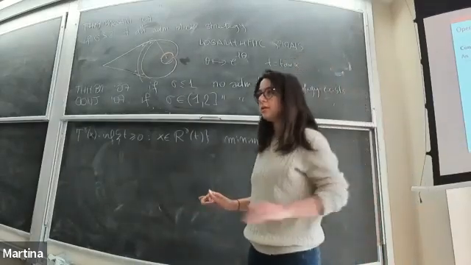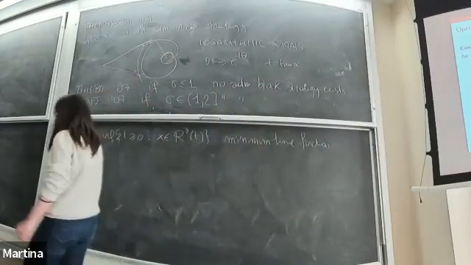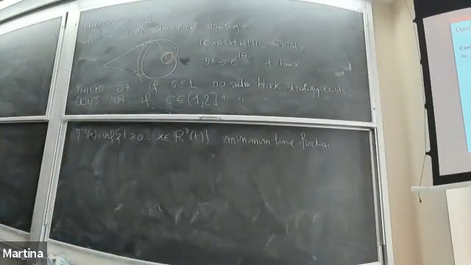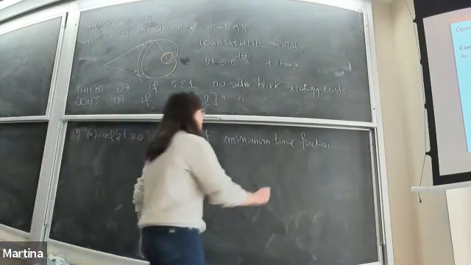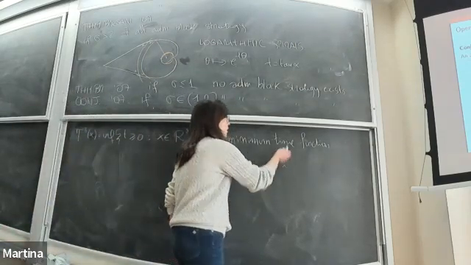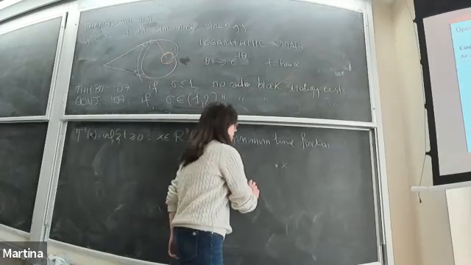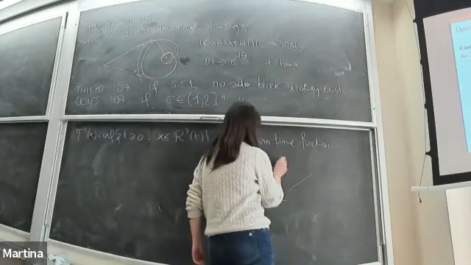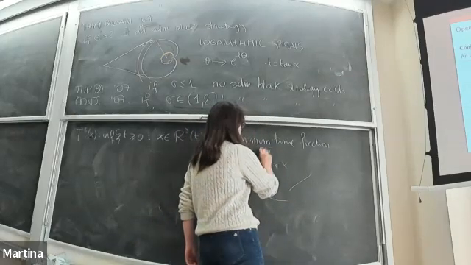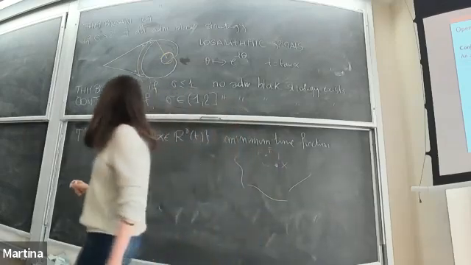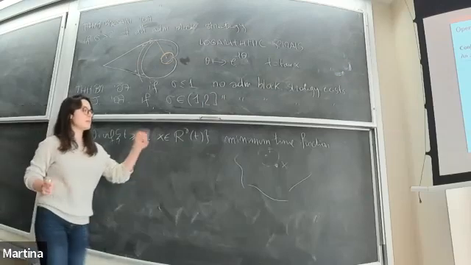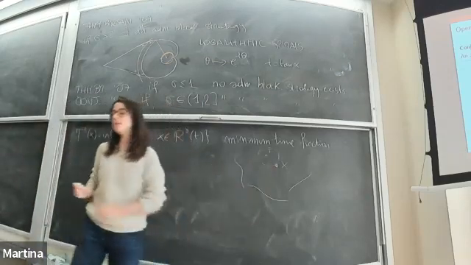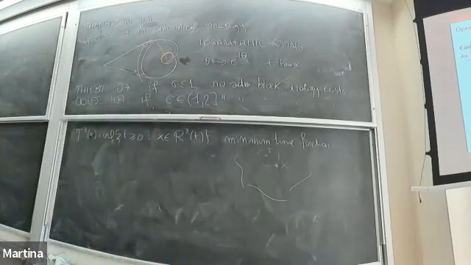So another way to model this problem is by introducing the minimum time function. What is this function here? We take x in R^2, and we have the fire somewhere else, and we call T gamma of x the minimum time, the first time at which the point x is reached.